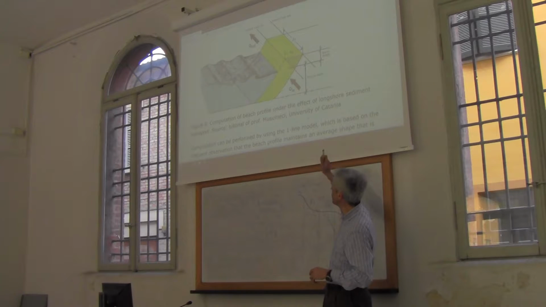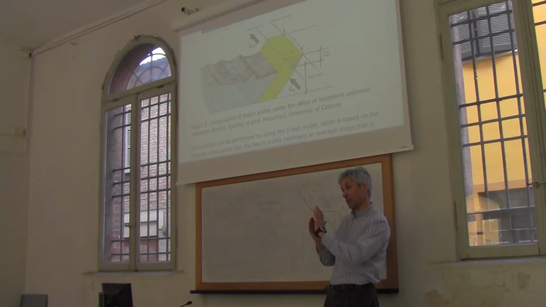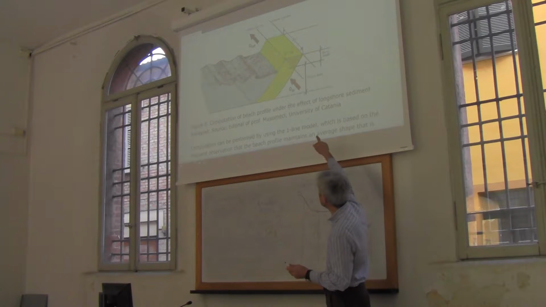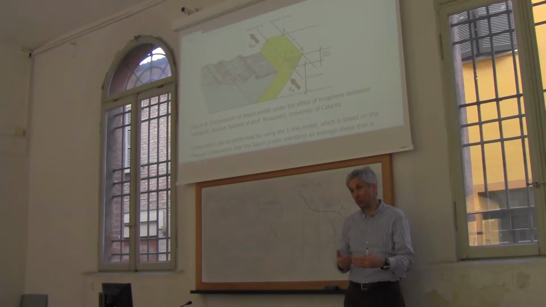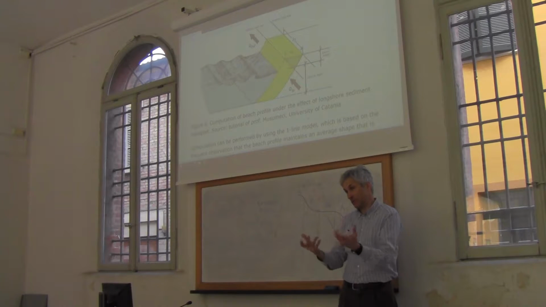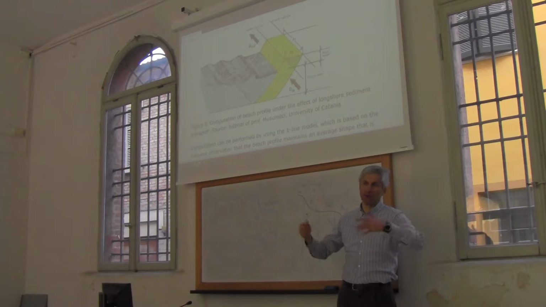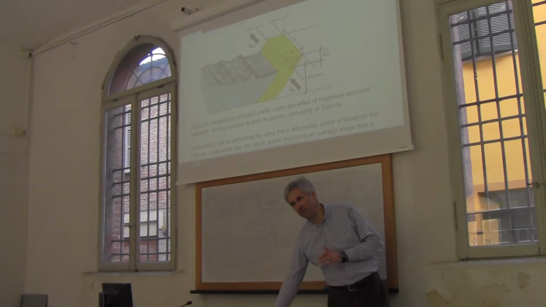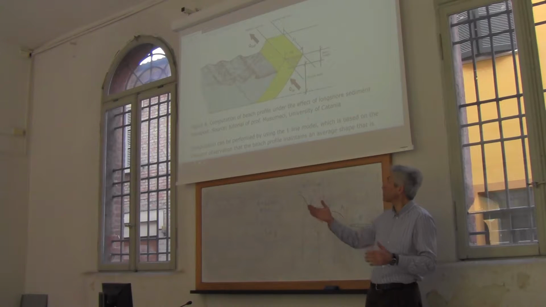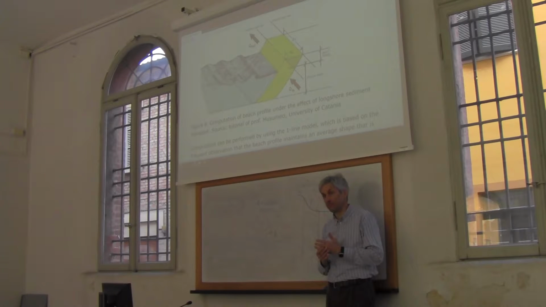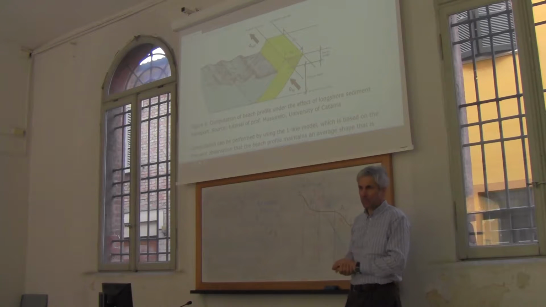The geometry of the yellow volume is already known because it's given by the coastline and the slope of the beach. Keep in mind that in order to make this computation, you have to fix a closure depth, which is the depth of the beach where you close the sediment balance, which is usually something like a couple of meters. Because when we talk about a beach, we are not talking about very profound seas. The sea depth is usually very limited, and therefore the closure depth may be a couple of meters, maybe 3, but not much. And this is the one line.